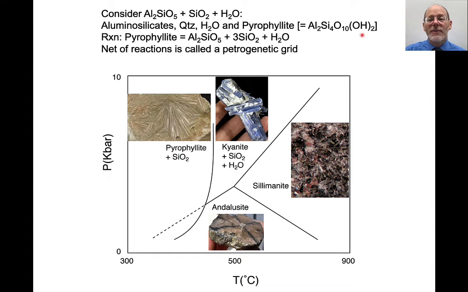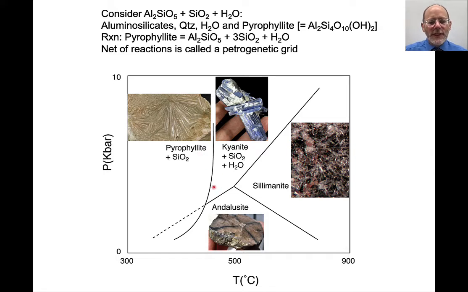Pyrophyllite has this composition. You can see it's almost like aluminosilicate, Al2SiO5, except it's got some extra silicon in it and it's hydrous. Well, if you add quartz and water to a rock, kyanite and andalusite are no longer stable in this PT region. Instead, the mineral pyrophyllite is stable.